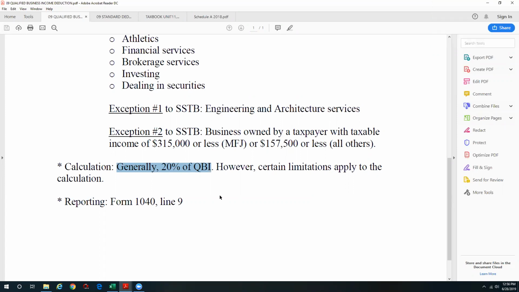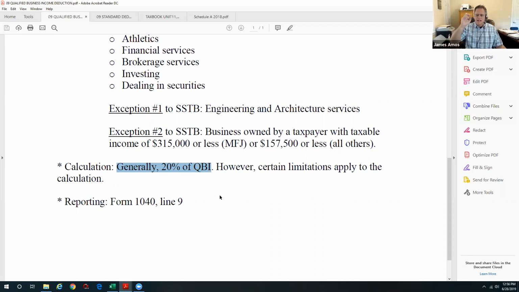Adjustments. That's right. Income minus adjustments gives you adjusted gross income, or AGI for short. AGI minus what? Deductions. Deductions gives you what? Taxable income.